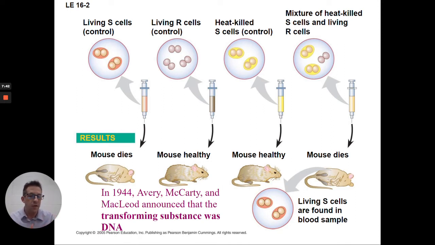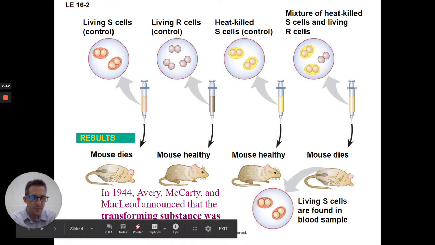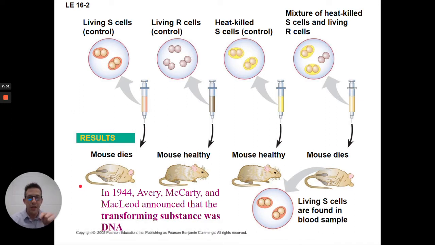Okay. Now, it wasn't until 1944 that a group of scientists, Avery, McCarty, and McLeod, announced that the substance doing the transforming was DNA. So it took another 16 years after Frederick Griffith's experiment until they were able to unequivocally point to the fact that this molecule they called DNA was the hereditary material.